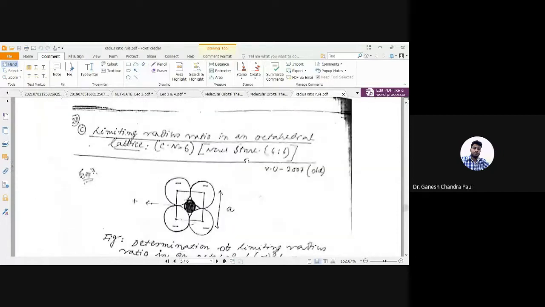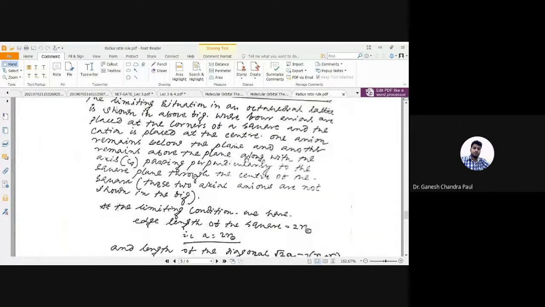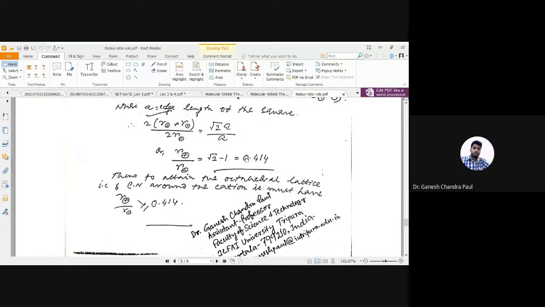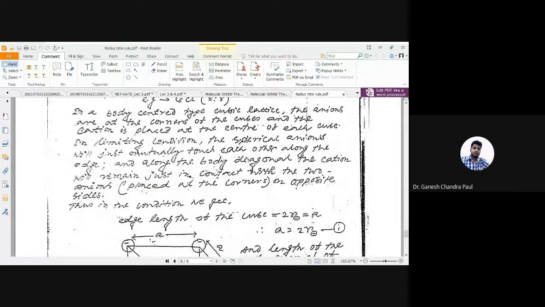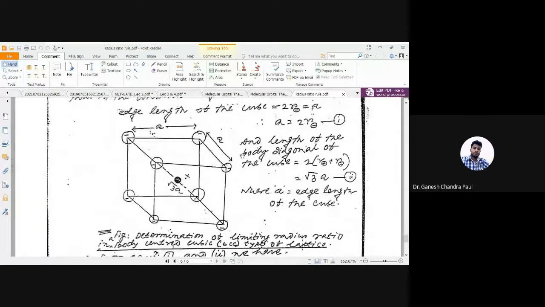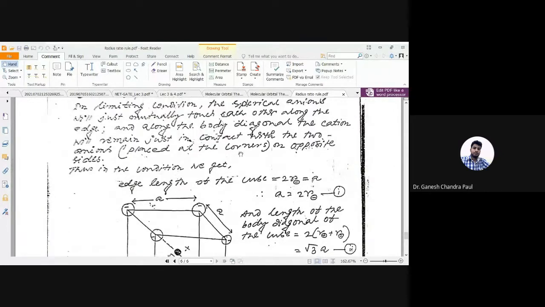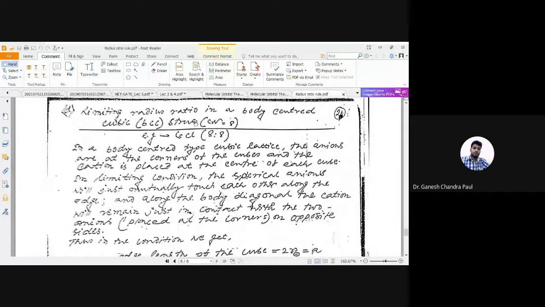So cesium chloride basically occupies a body centered cubic structure (BCC). Here you can see the limiting radius ratio calculation of the body centered cubic structure, for example cesium chloride, and their coordination number is 8 and 8.